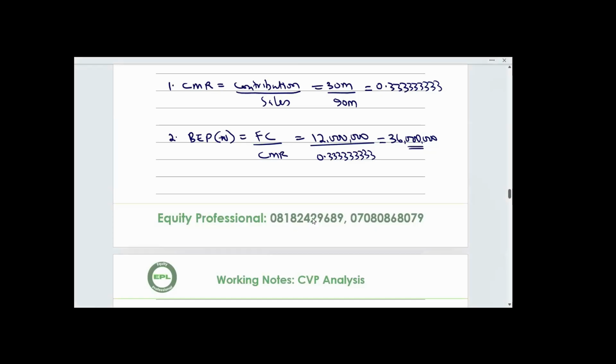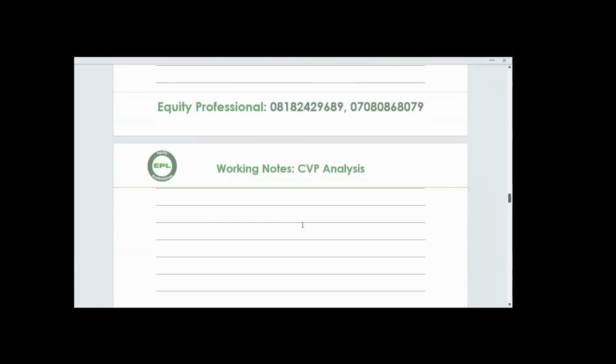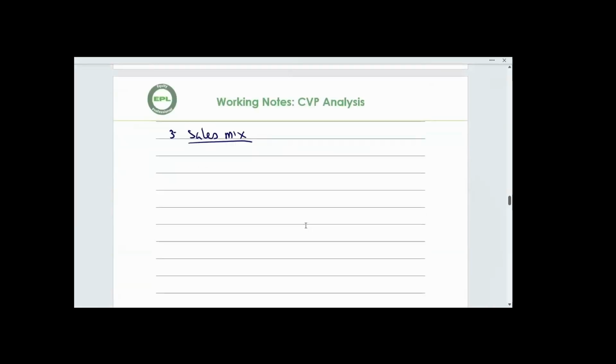So step number 3, you calculate sales mix. Let me move to the next page. Step 3, sales mix. For product A, the sales mix of common.